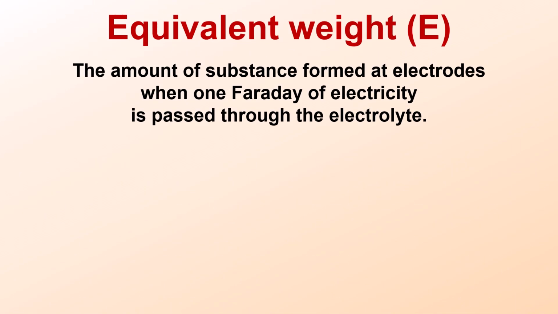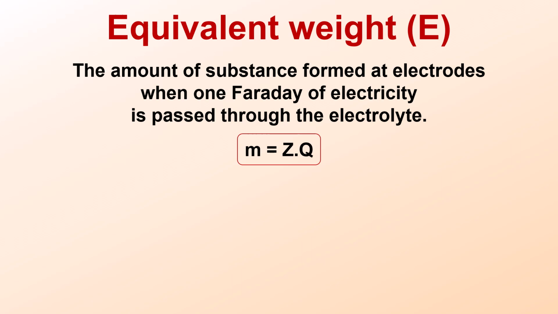Now let us see what is meant by equivalent weight. Equivalent weight is defined as the amount of substance formed at an electrode when 1 Faraday of electricity is passed through the electrolyte. It is represented by the symbol E. From Faraday's first law, we know that M is equal to ZQ.